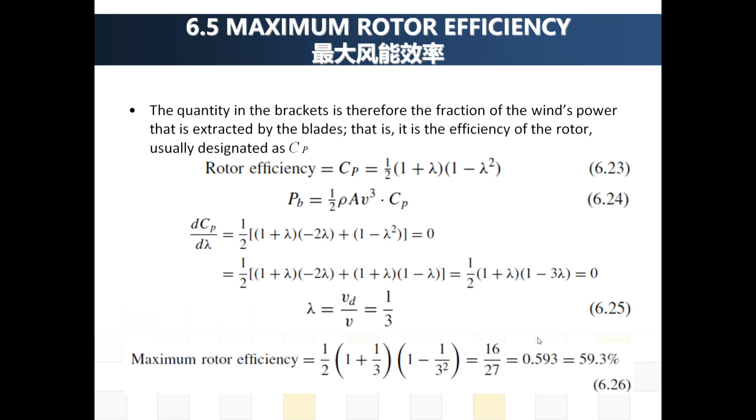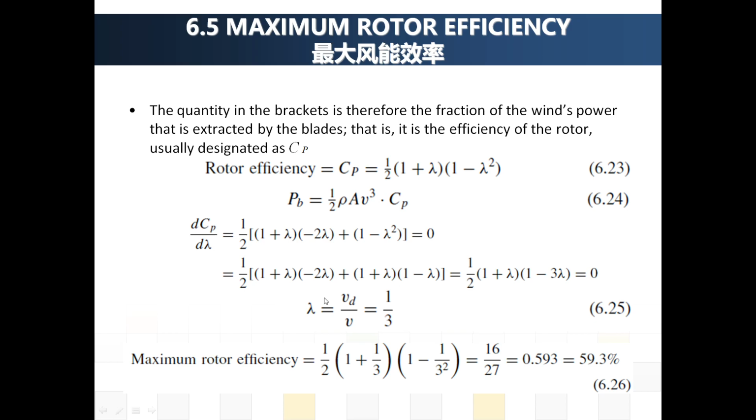To achieve the maximum rotor efficiency Cp, we calculate the derivative of Cp with respect to lambda and set dCp divided by d lambda equal to 0.